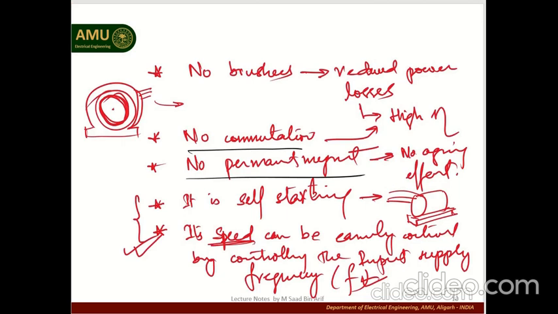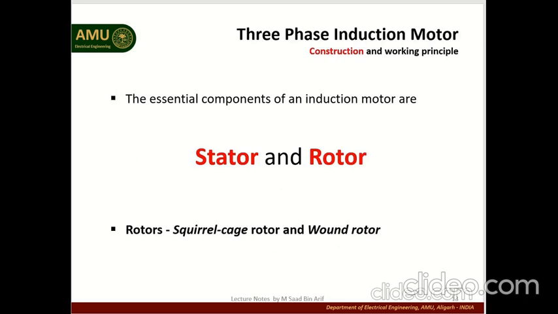It is self-starting, that is, no separate starter is used in case of induction motor, and its speed is easily controllable by controlling the input supply frequency. These are the features of induction motor. Okay. Now we will focus on the construction of induction motor.